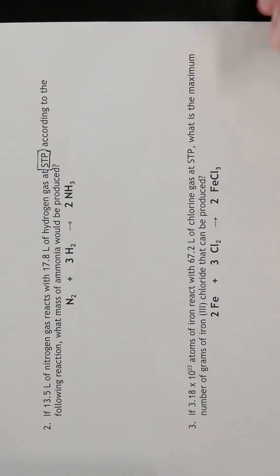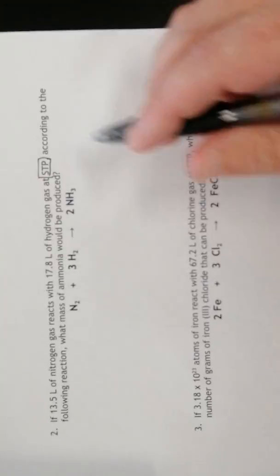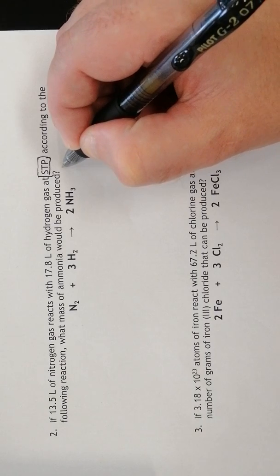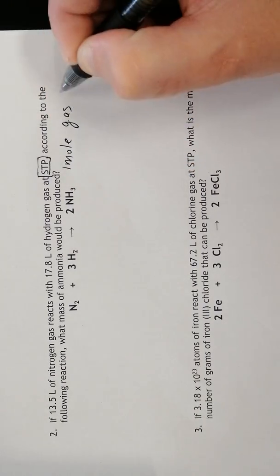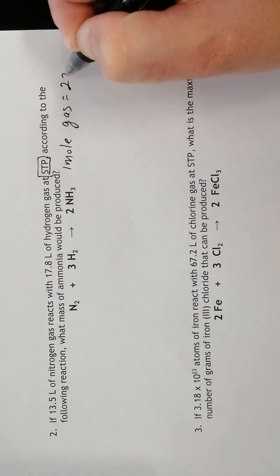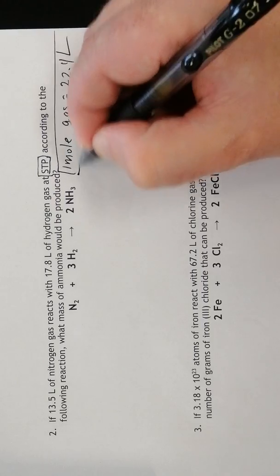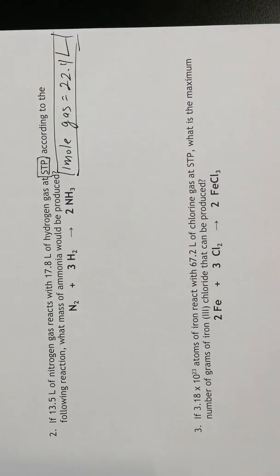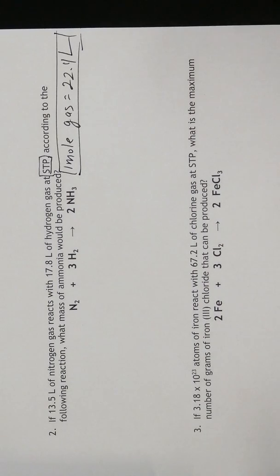That was Avogadro who determined that at STP, 1 mole of a gas will occupy 22.4 liters. Any gas. It's a magical amount. So we can relate moles of a gas to volume as well, which is important for these. And that's what we want to know.